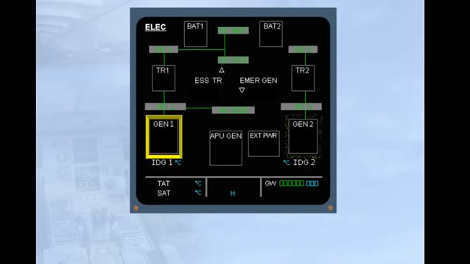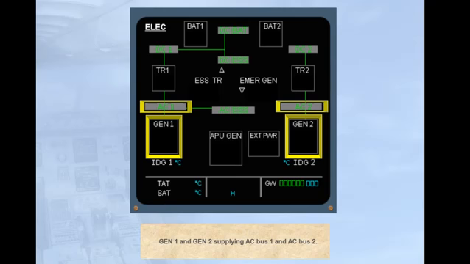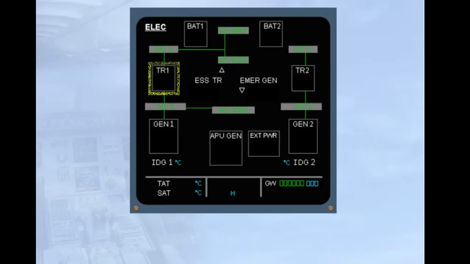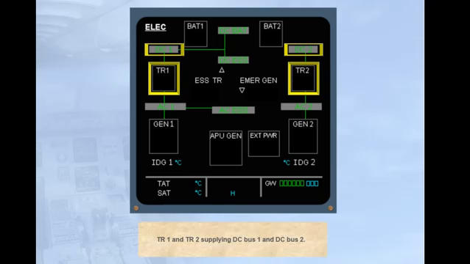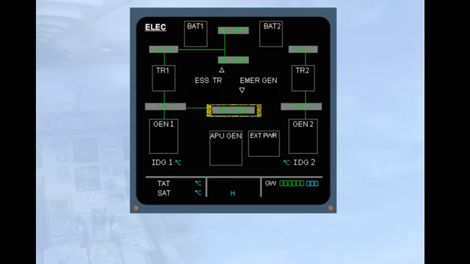Gen 1 and Gen 2 supplying AC bus 1 and AC bus 2. TR1 and TR2 supplying DC bus 1 and DC bus 2. Two essential buses supplied by the left side.